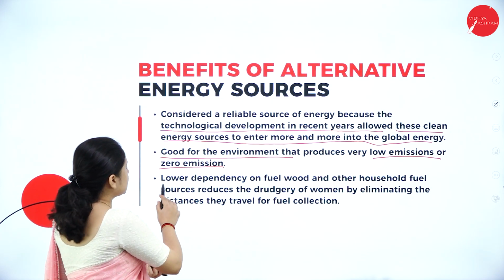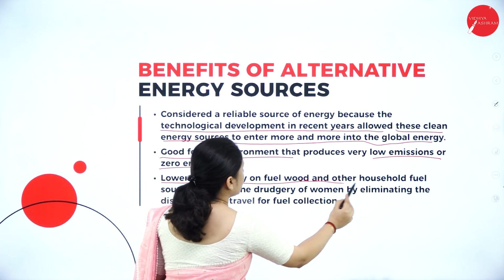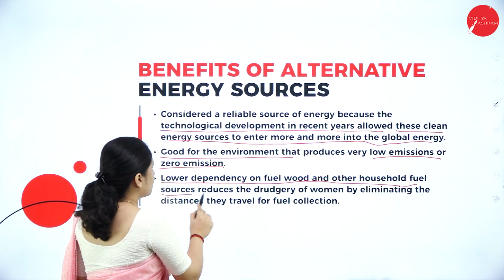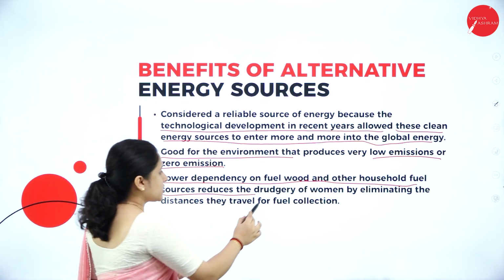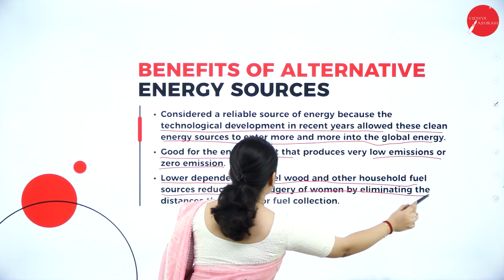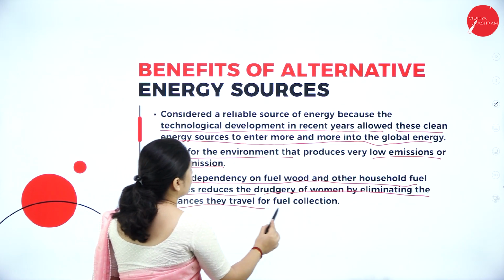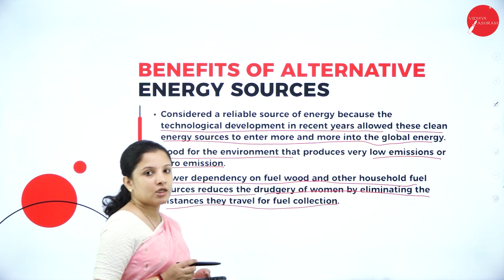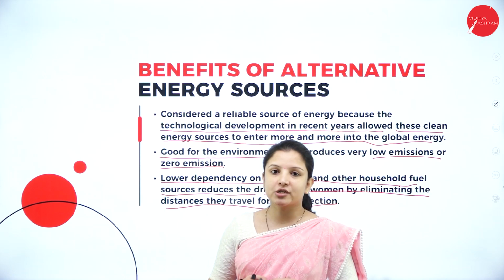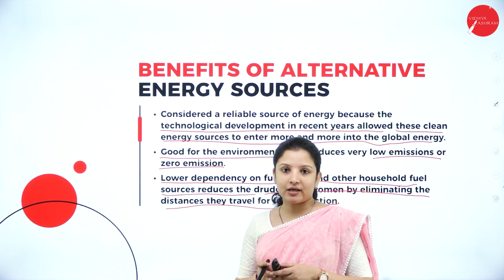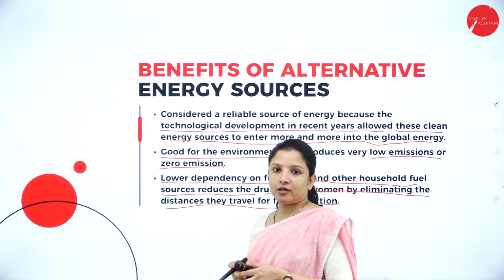And lower dependency on fuel wood and other household fuel sources reduces the drudgery of women by eliminating the distances they travel for fuel collection. So you might have seen in villages people walking miles together in order to fetch firewood.